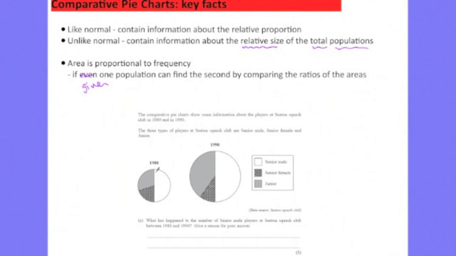We can see here that this section here, which relates to senior males, is the same here and here in terms of the proportions. So in 1980, 50% of the players at this squash club were senior males. And again, in 1990, 50% of the players were senior males. So the proportion is the same.